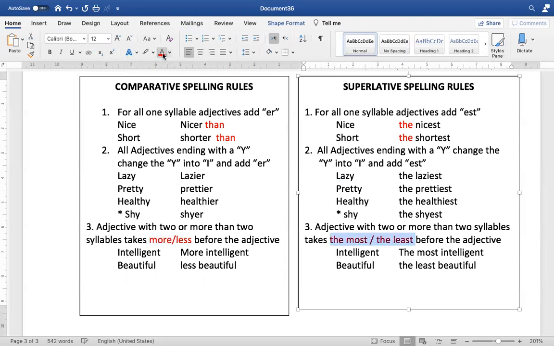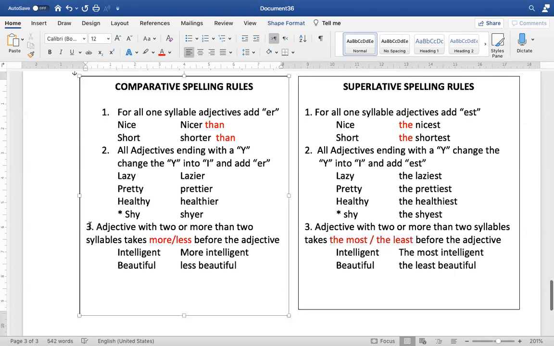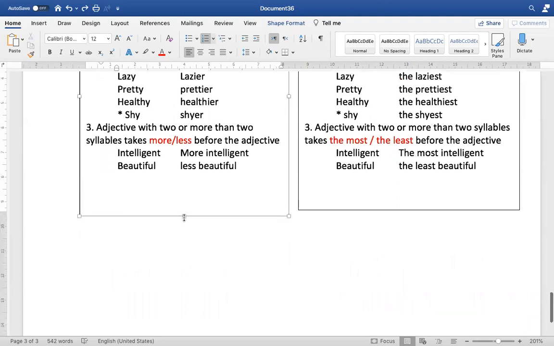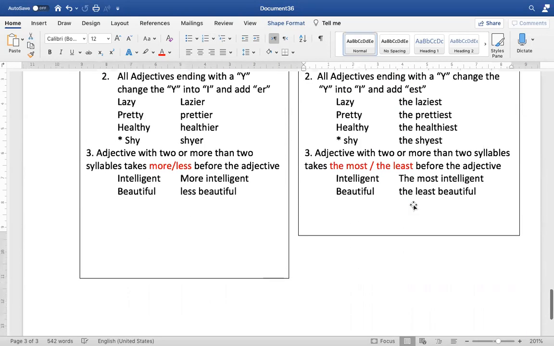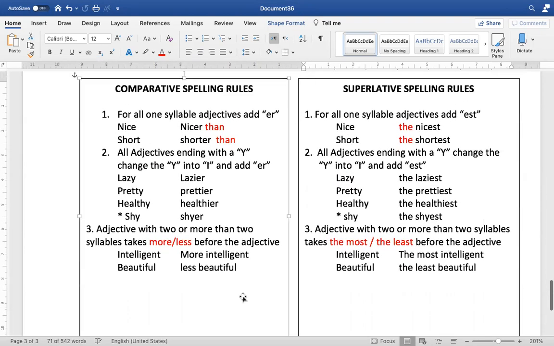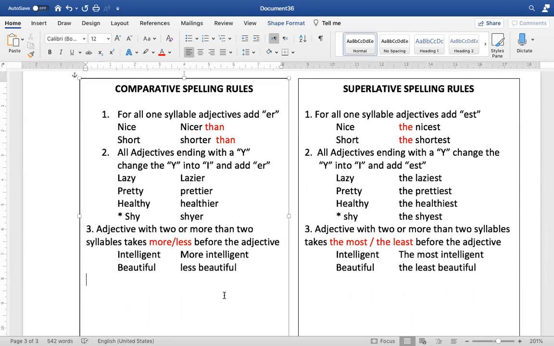I'm just finishing up with the spelling rules by giving you the last rule. The last rule that we have for the spelling in the superlative form is rule number 4.